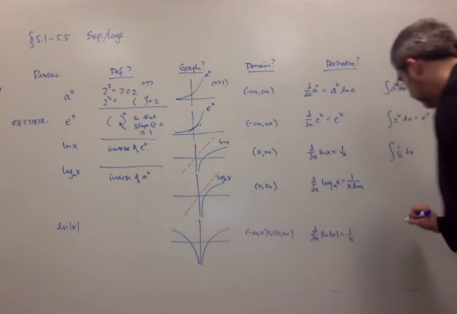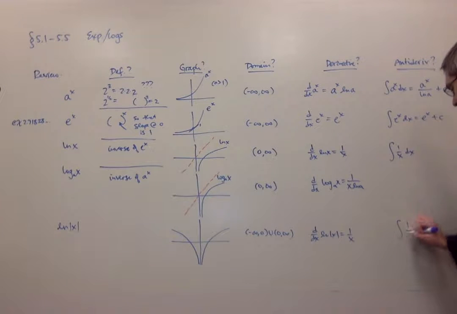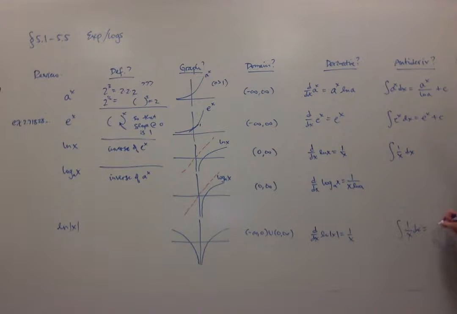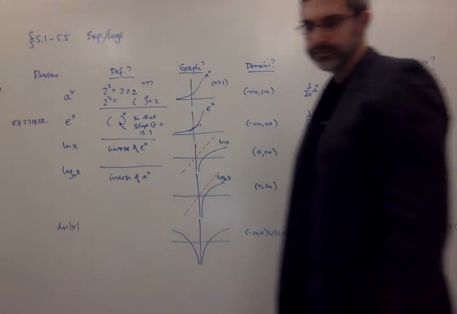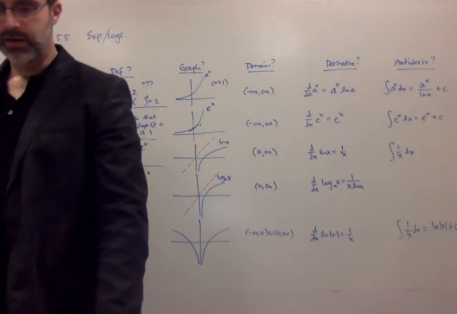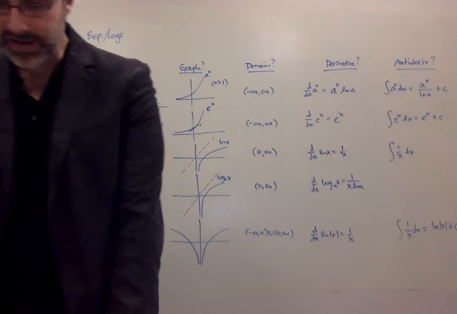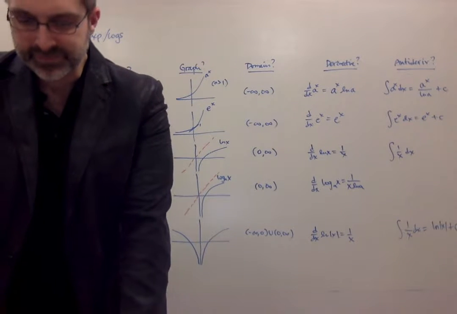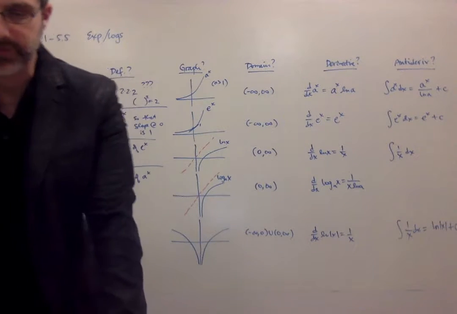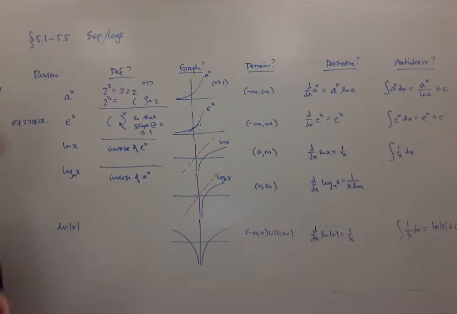And so now, what we like to do is if we have a 1 over x dx, if we're finding the antiderivative, we want the most general one, so we want the one that has the same domain, and so we use natural log of absolute value of x there to capture that. Okay? So those are our derivatives and antiderivatives. Okay. All right.